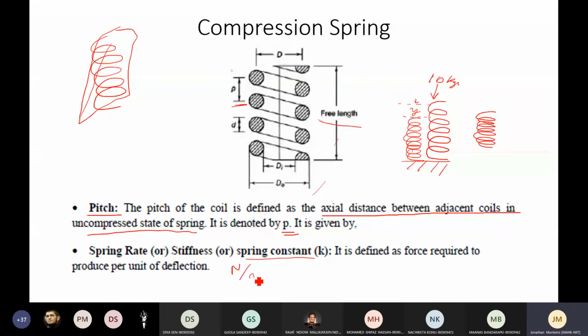In other words, how many newtons of load you have to put in order to displace the spring by 1 meter. Okay, that is stiffness or spring constant, or also some textbooks and reference books give the name as spring rate. So very important parameter in selection of a spring.